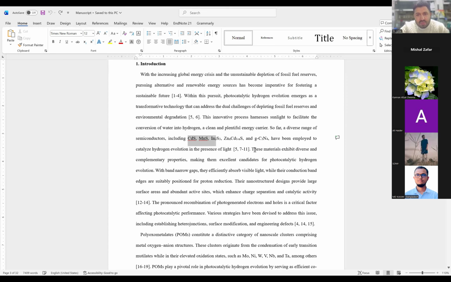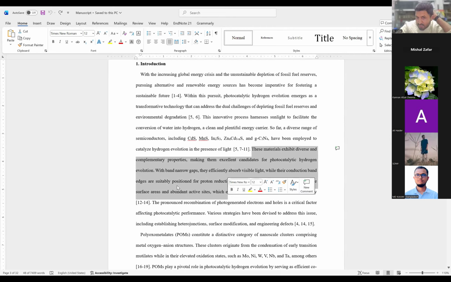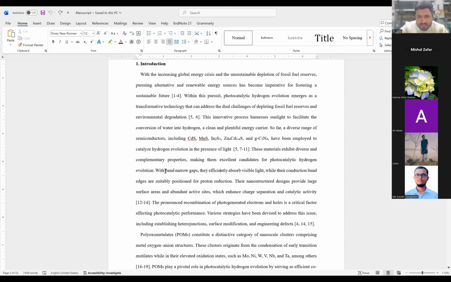Then we discuss their progress and initial introduction of that field, what the purpose is and how they work, and the most important things in the photocatalytic reaction, like band gap, light absorptivity, and some other important things. And what the problems are, like pronounced recombination of photogenerated electrons and holes.